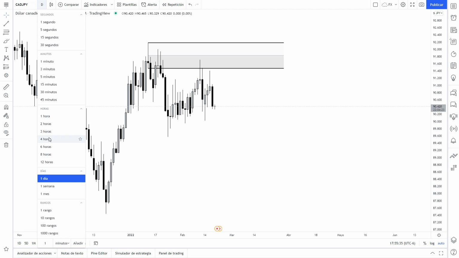I want to know if supply or demand is in control. What is the structure on the 4-hour time frame, the 1-hour time frame, and then I use lower time frames like the 15-minute time frame and 5-minute time frame if possible.